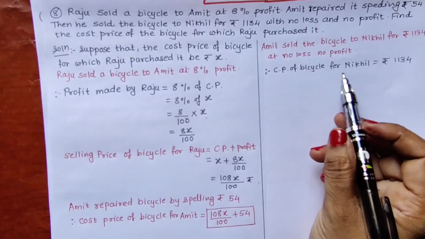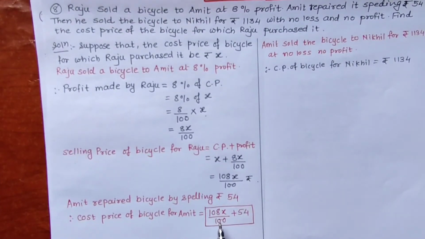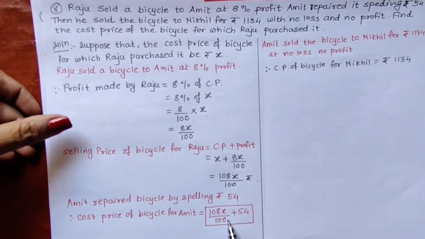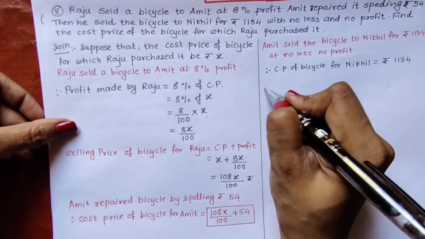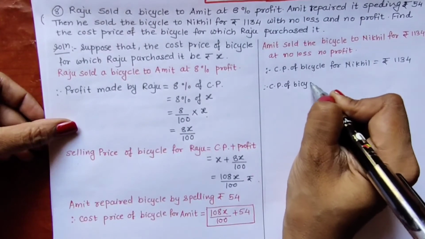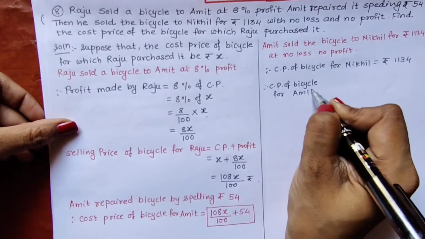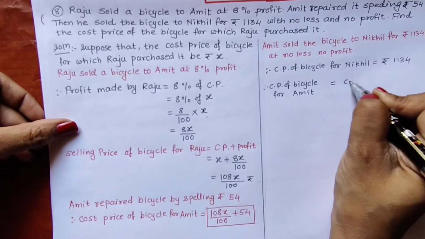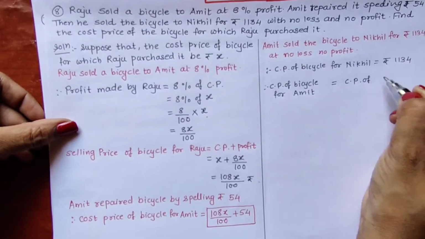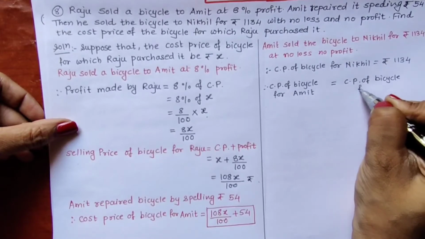So the cost price of the bicycle for Nikhil and the cost price of the bicycle for Amit will be the same, because it has been sold on a no loss no profit basis. Therefore, the cost price of the bicycle for Amit will be equal to the cost price of the bicycle for Nikhil.